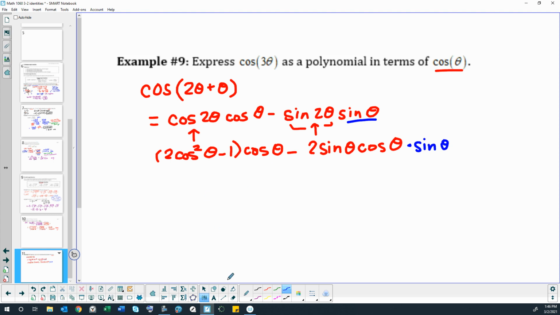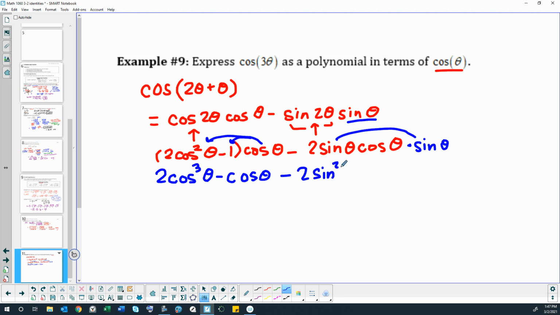Now let's go ahead and distribute things. So this one can distribute through these, and we can combine those together so that they're just in sine squared instead. So that gives us, I'm going to stay with the blue, I like it, 2 cosine cubed theta minus cosine theta minus 2 sine squared theta cosine theta.